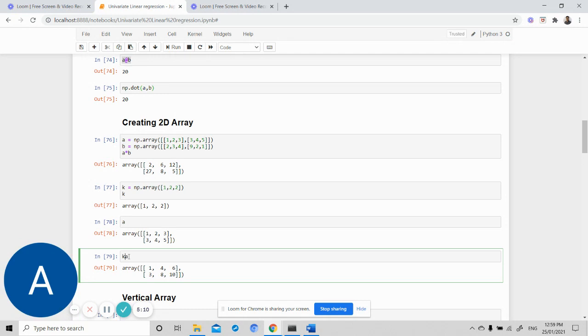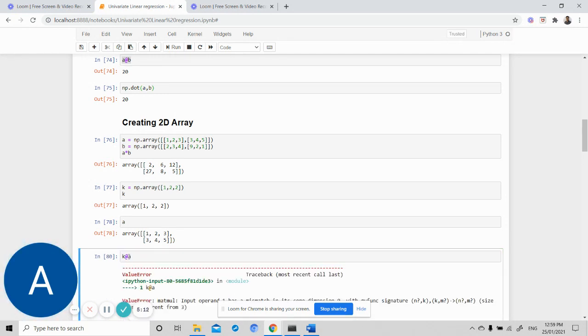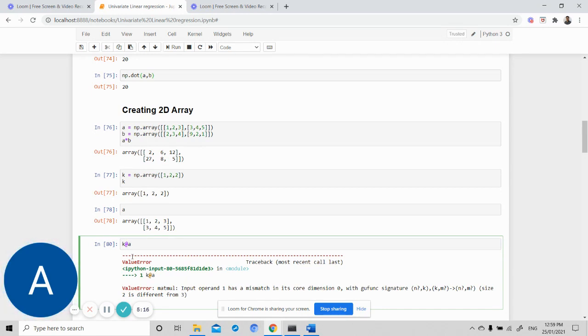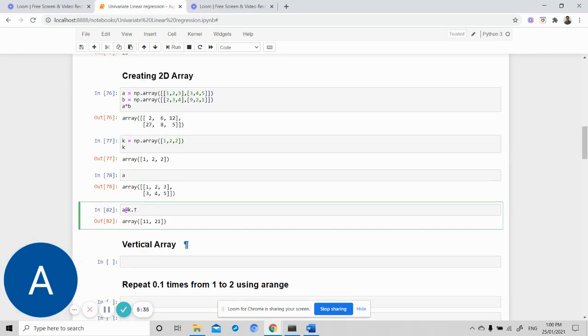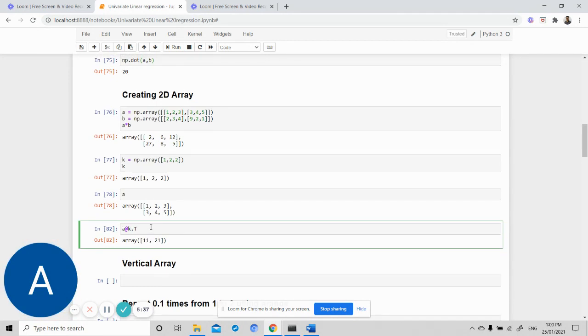If we do K @ A, this will not be valid because we need to transpose first, K.T. So it will give 14, 26.